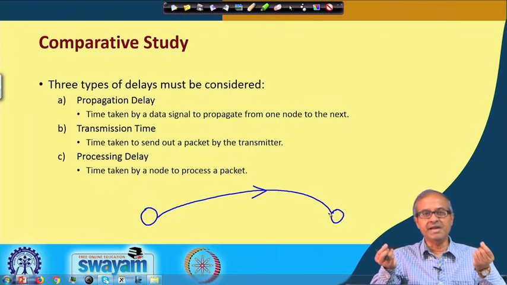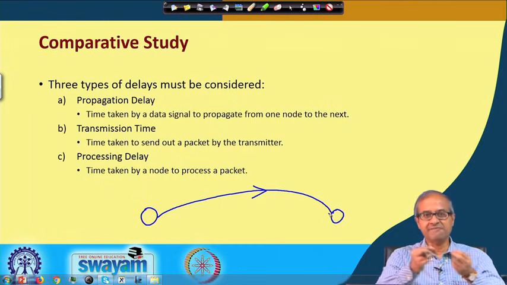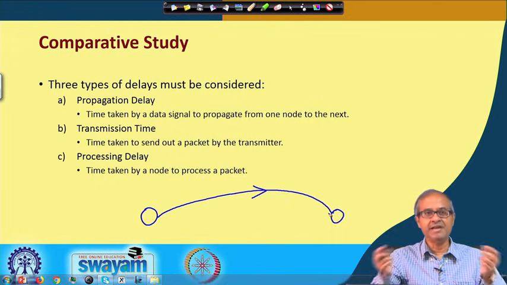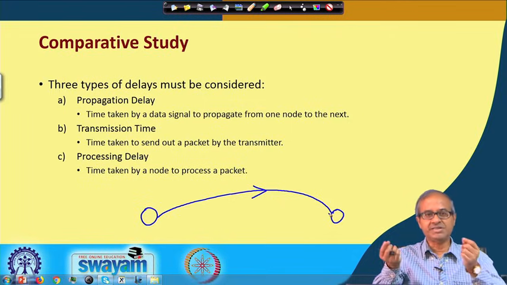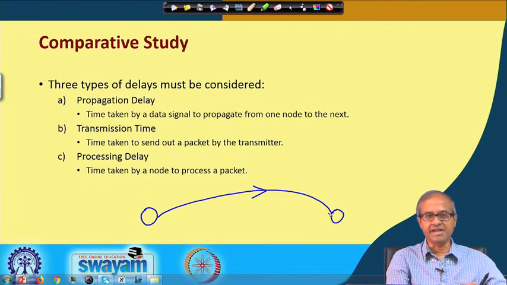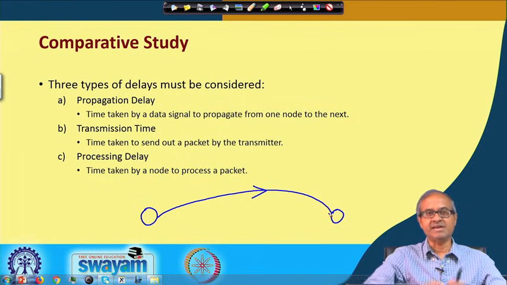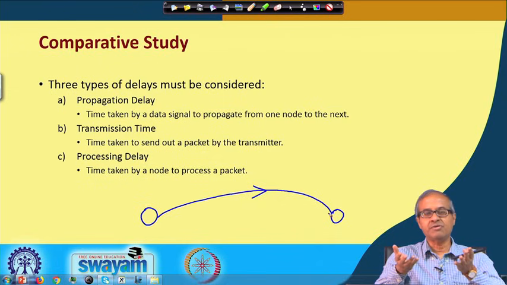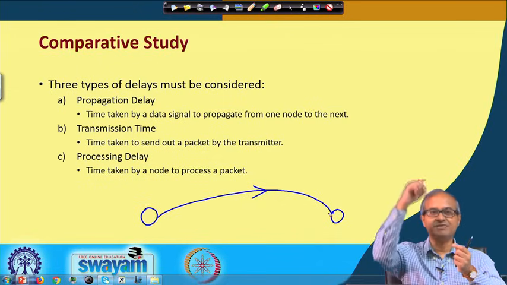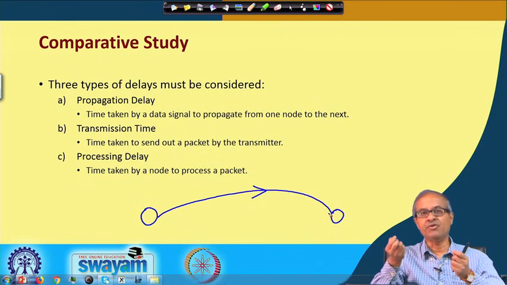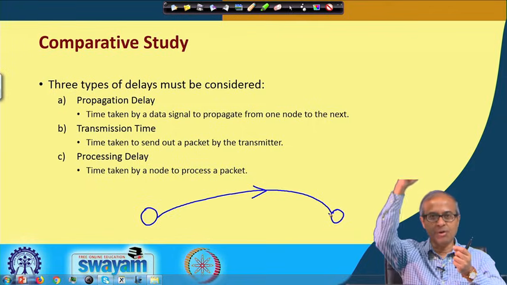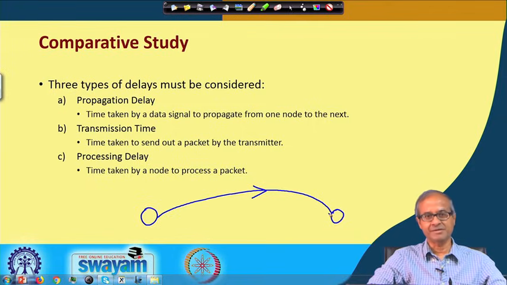If it is a copper link, it can be something. If it is a fiber optic link, it can be different. If it is a satellite link, it can be different. So, depending on the type of link, suppose you sent one bit of data, how much time that one bit will take to reach the other end, it depends on the medium. Suppose you are using a satellite, then it will take you a fraction of a second to go up to the satellite and again come back. Okay. So, it depends on the medium.